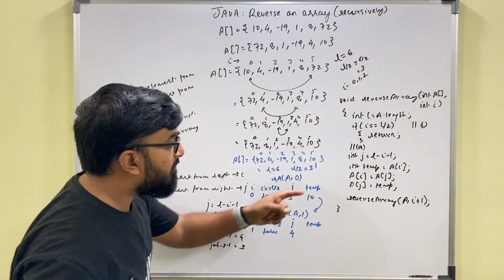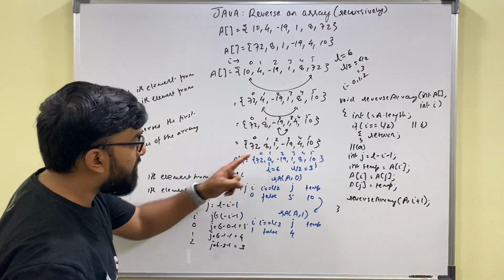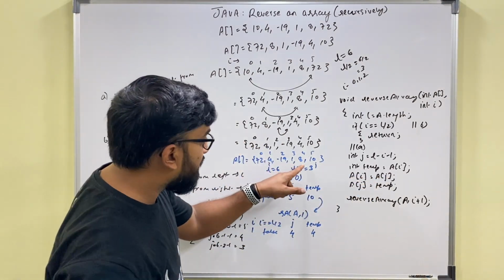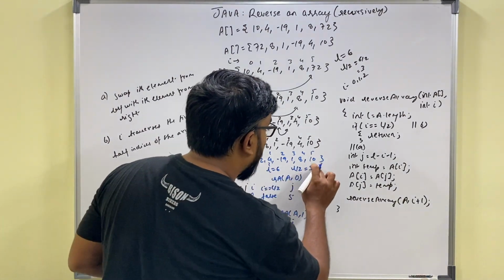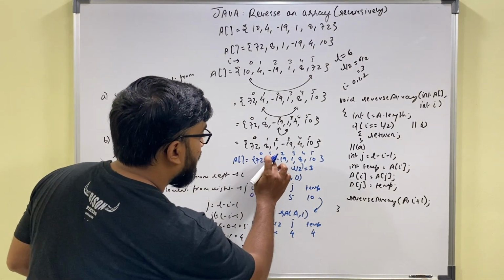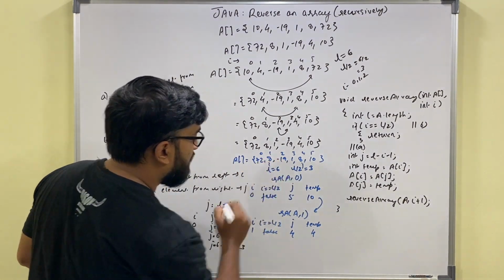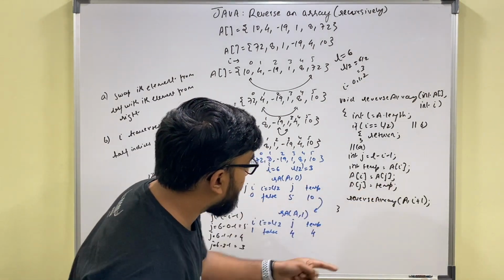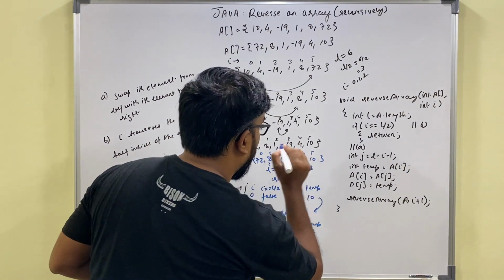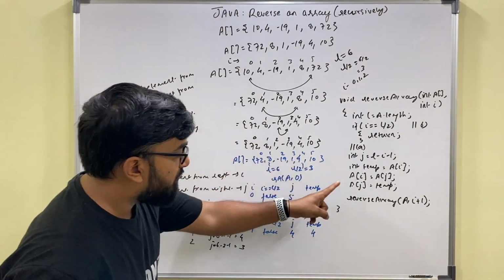Temp is A of I, I is at index 1, temp is 4. A of I equal to A of j, j is at index 4. A of I becomes 8, and then A of j is temp. Temp is 4, A of j is now 4. So the values at index 1 and 4 were swapped.